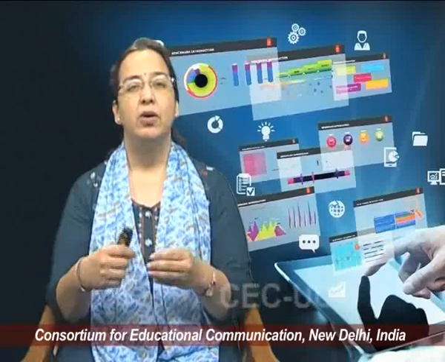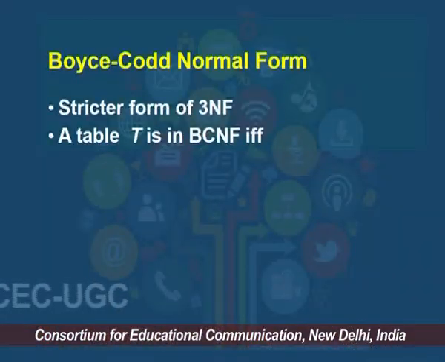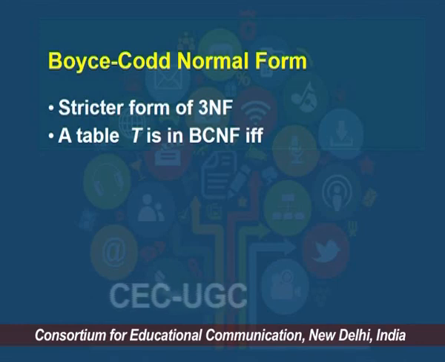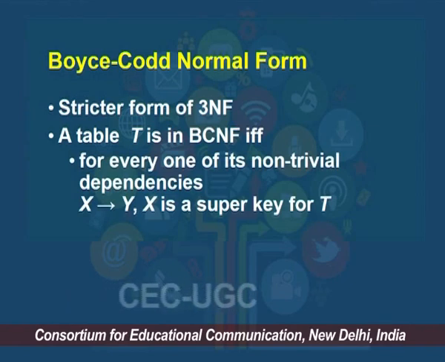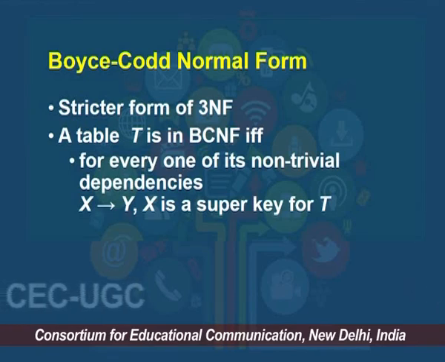For a table to be in BCNF, the condition is: a table T is in Boyce-Codd normal form if and only if for every one of its non-trivial dependencies Y dependent on X, X is the super key for T.